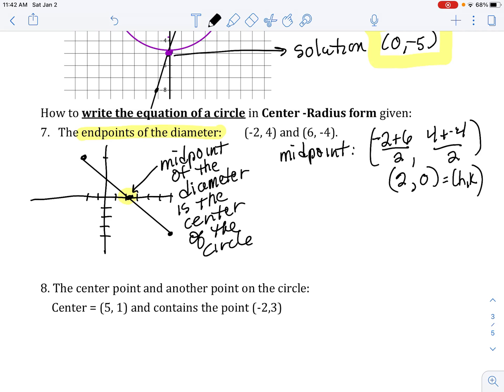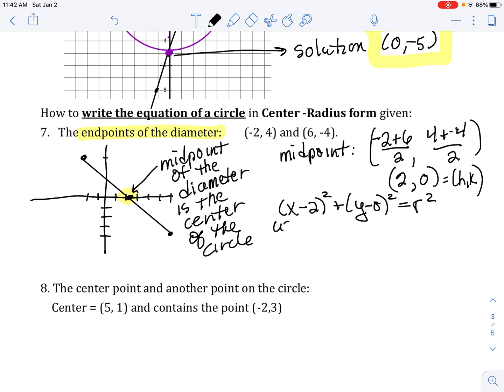All right? Now we have to come up with the equation of the circle. And so I'm going to write out, we know so far that it's going to be x minus 2 squared plus y minus 0 squared equals r squared. There's our center-radius form, or our standard form, okay?